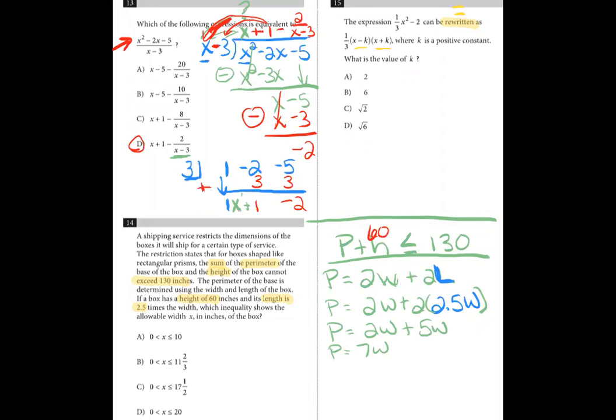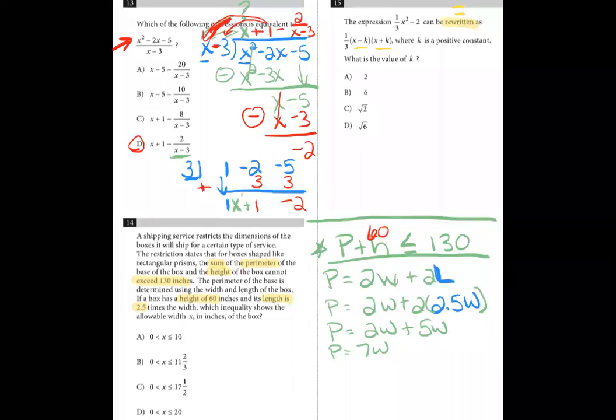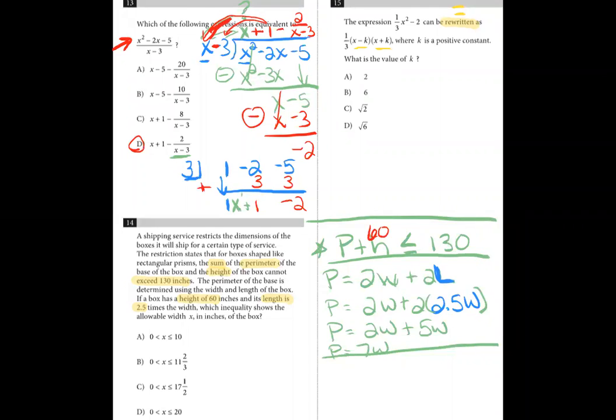So now I have to go back to my original inequality. And I'm going to substitute in my 7W for the perimeter. So let's just highlight that in yellow. So I'm taking my 7W and putting it in for the perimeter.